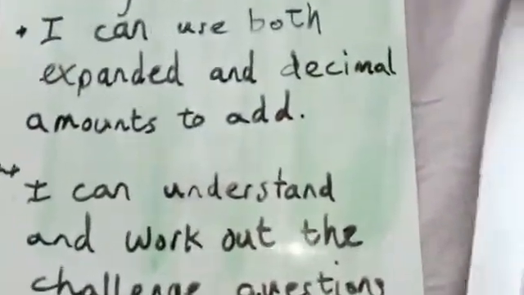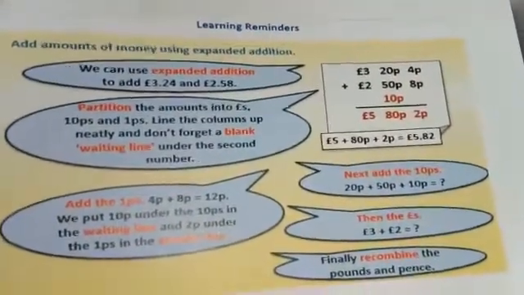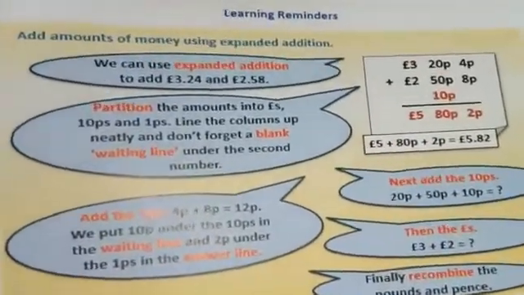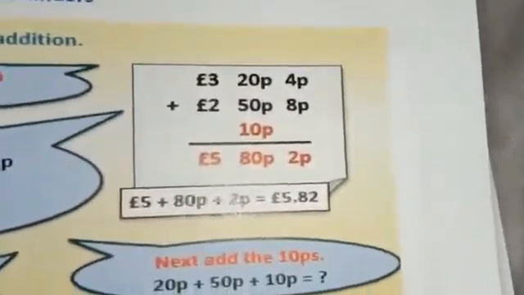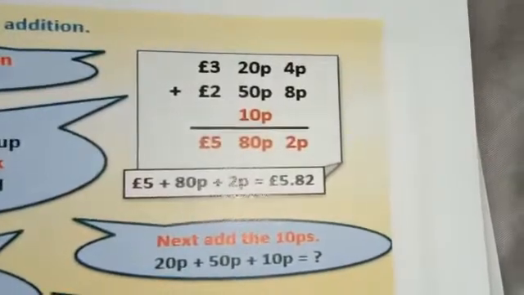Anyway, if you have a look at the learning reminders, it shows on the first slide how you expand £3.24 and £2.58 by partitioning the pounds, the tens and the ones.